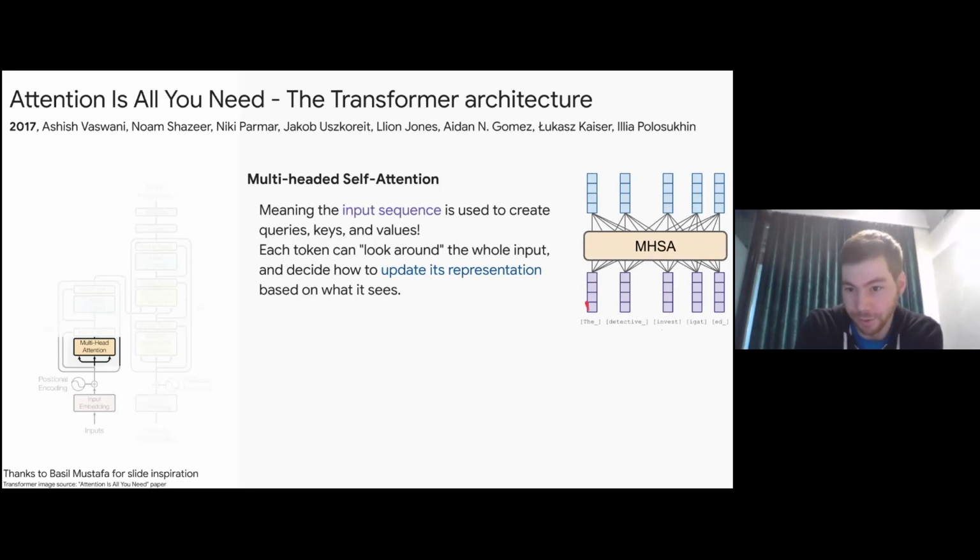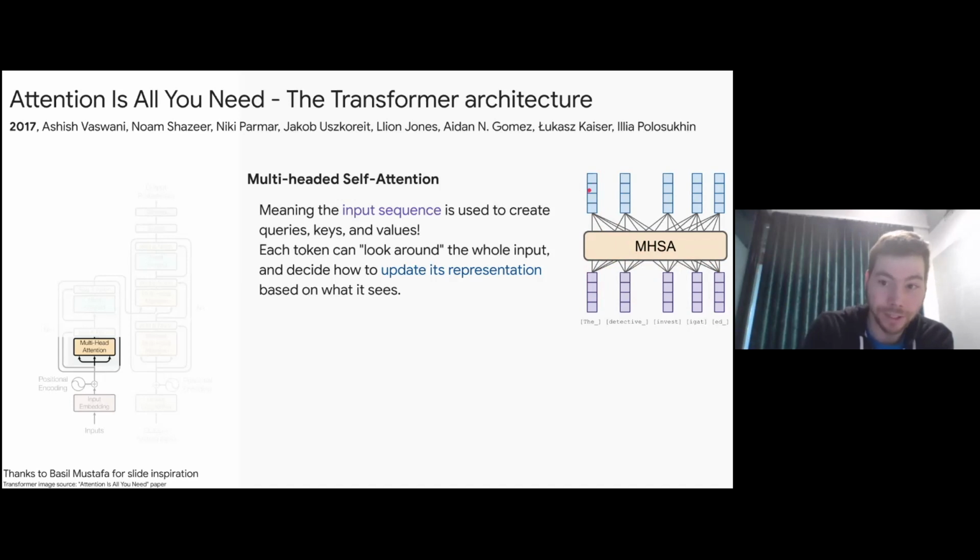Each of these float vectors from the tokens is linearly projected, so it's transformed into a query, into a key, and into a value. And then you do self-attention, so attention from all of these queries into all of these keys and values. Basically, think of it that each vector looks around at what other vectors are there in my input, and then computes the output based on what other things it has seen.